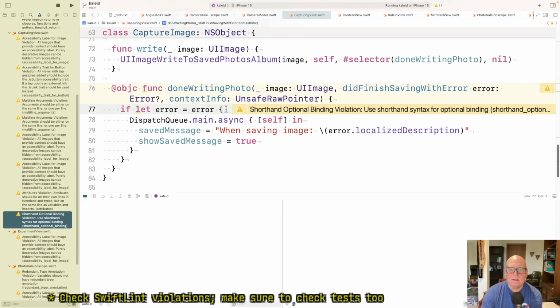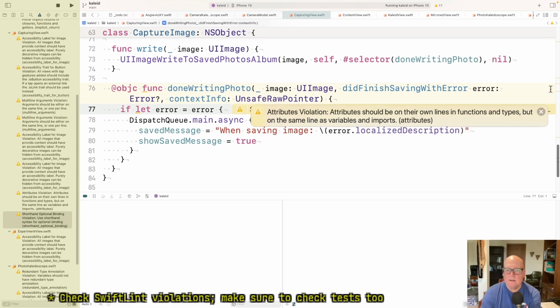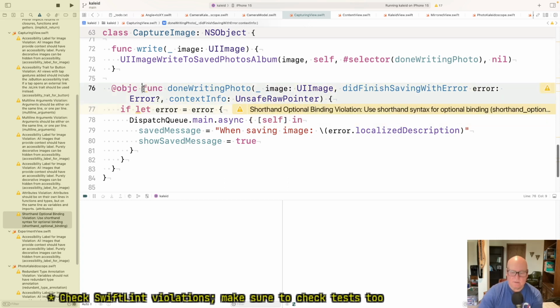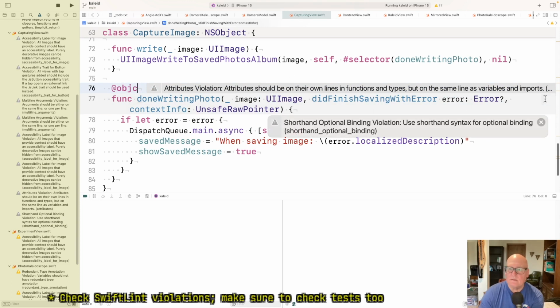Shorthand binding syntax for optional. I don't know what that means. Attributes should be on their own lines, but on the same lines as... Okay, sure. My editor's still not spacing correctly. All right, now this one, shorthand syntax for optional binding.